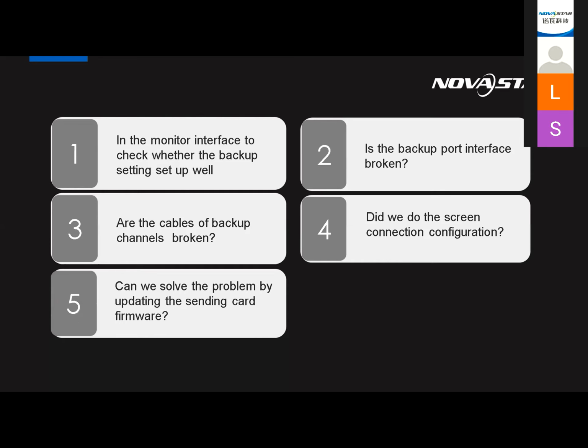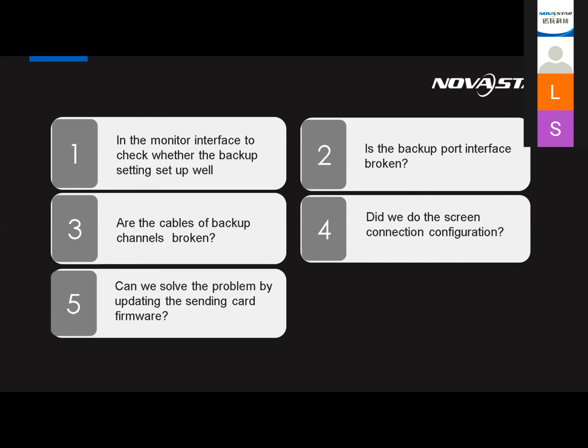The fifth one is that this problem happens with some very old firmware, like in 2018 or 2017. At that time, NovaStar updated some controllers' firmware, and so people used old firmware and new firmware at the same time.